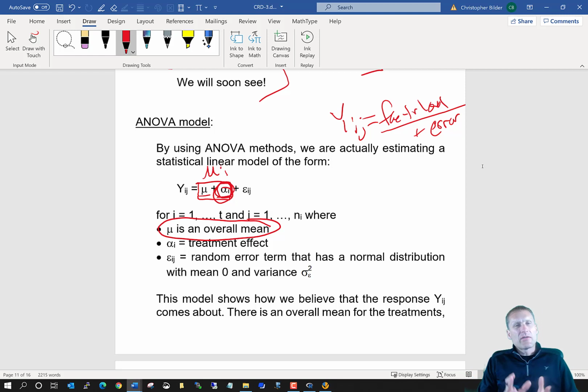And so it's just a different way to look at a model like this. Both the treatment effects models and mean effects models are widely used whenever one's doing experimental design, whenever one's doing ANOVA methods.